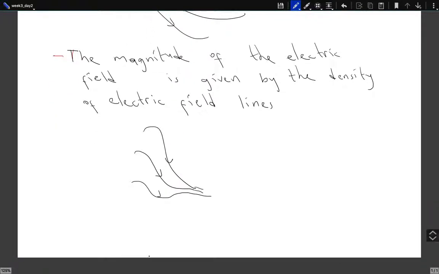Now let's specify what we mean by the density of lines. So what is the density of lines? Okay, we mentioned it, but we have to somehow define it also.